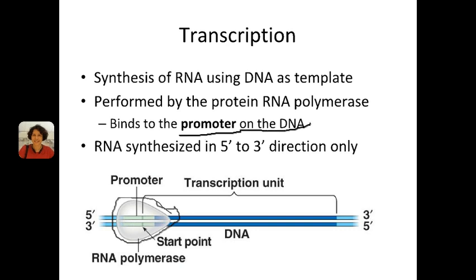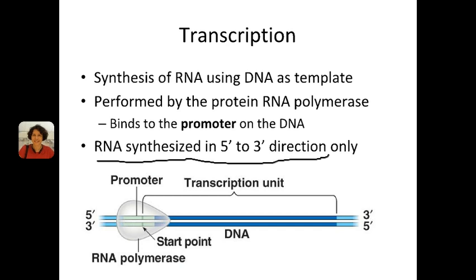The promoter is basically the place on the DNA that tells RNA polymerase, start synthesizing right after me. So RNA polymerase binds to the promoter and then starts transcribing right after that. The RNA is synthesized in the 5' to 3' direction. This is the same direction as DNA replication occurs. In general, synthesis of nucleotides always occurs in the 5' to 3' direction.